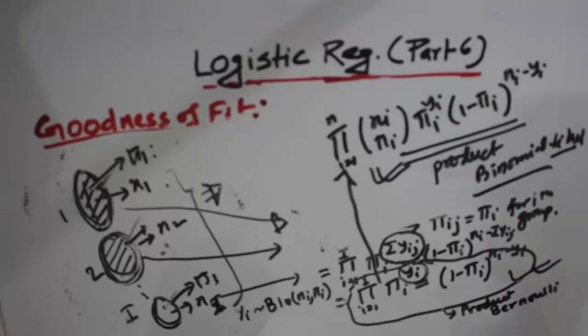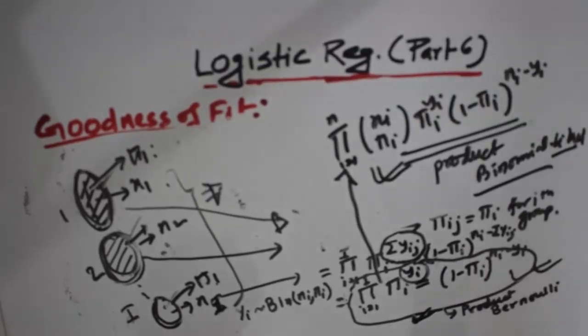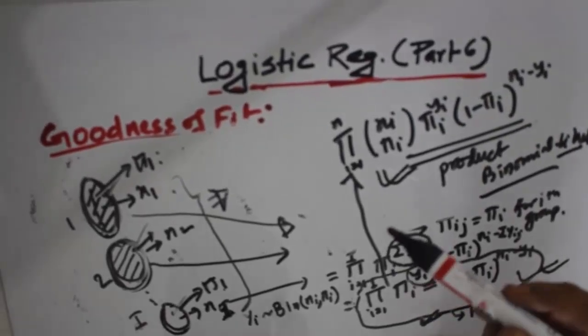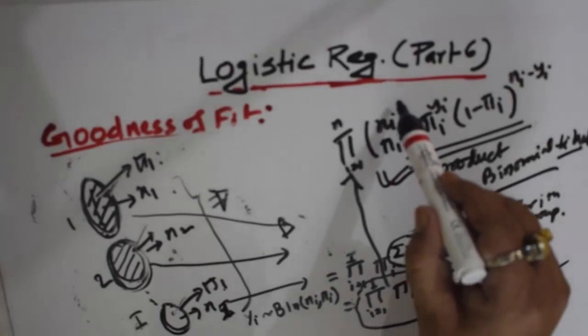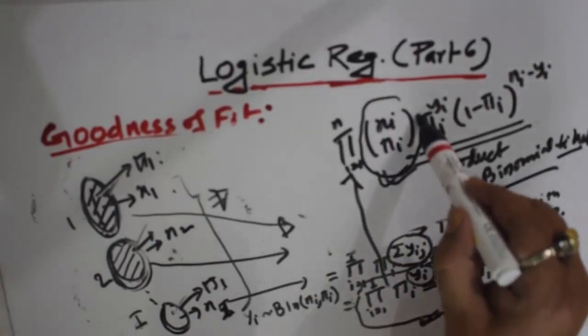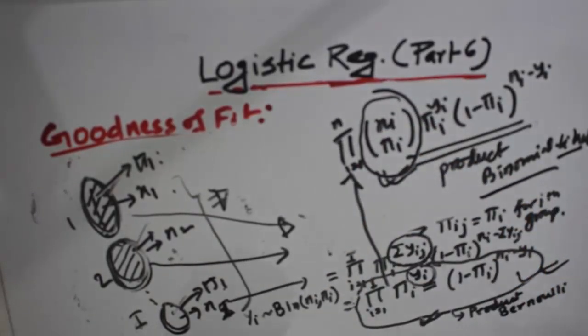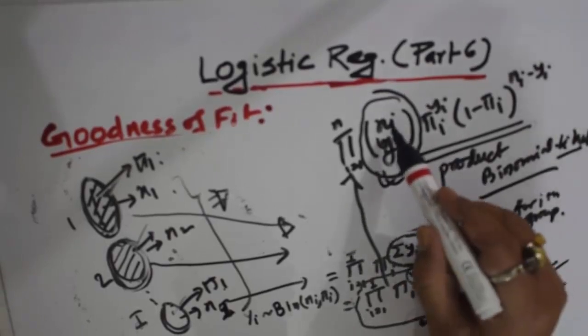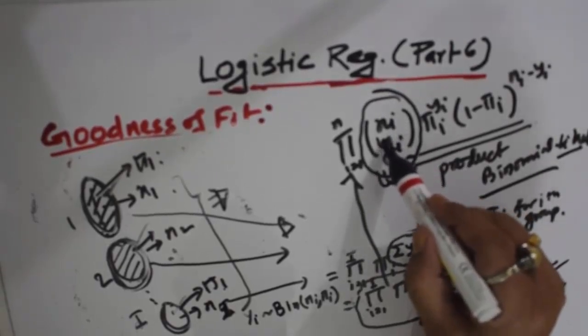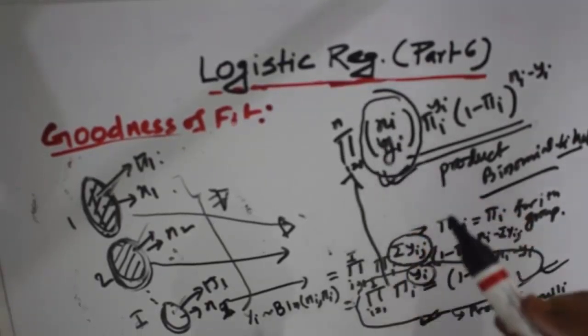The product binomial and product Bernoulli likelihoods are proportional except for this combinatorial part, which does not depend on beta curl. So instead of pi I, it should be yi.